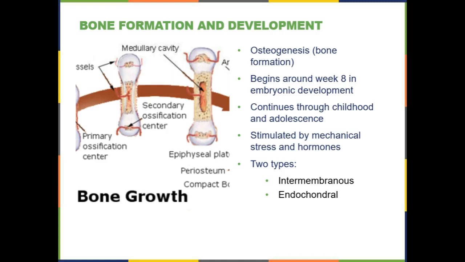And then we have endochondral ossification, which is a little bit more complex, and that's the one that typically occurs throughout the entire childhood to adulthood formation, okay?